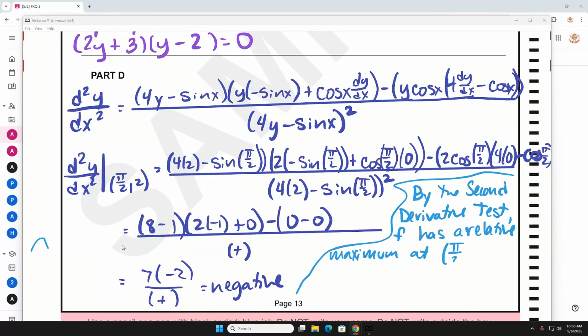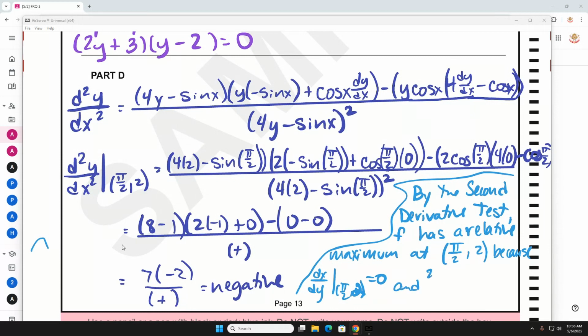So the relative maximum at pi over 2, 2, because the first derivative, dy dx of pi over 2, 2 is 0.